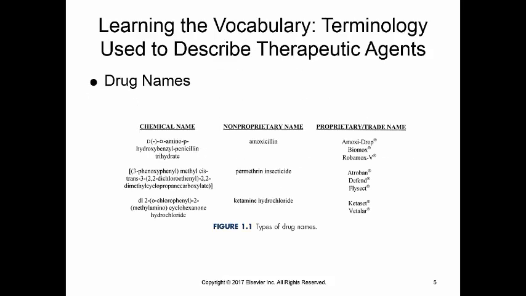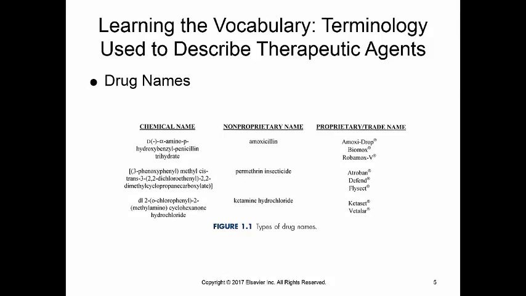A big part of pharmacology is learning drug names and understanding that every drug has 3 different names. The first name is a chemical name, and so this is the name that lists out its chemical properties. This is something that a chemist could look at and actually sit there and be able to draw out what all chemically this drug is made up of.